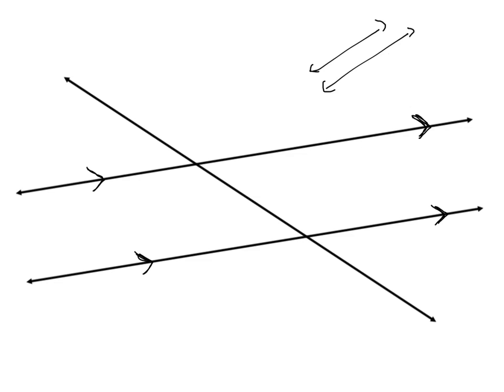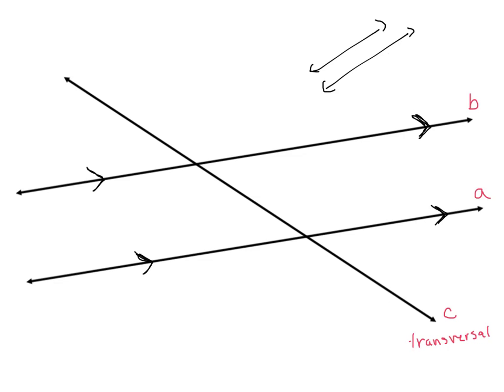So I've got my set of parallel lines, and I am going to go ahead and name them line A and line B, and we'll call this guy down here line C. The line that crosses the two parallel lines is called the transversal.